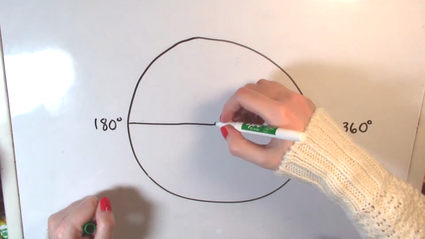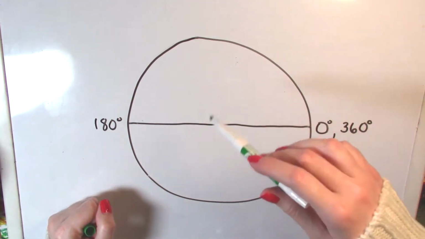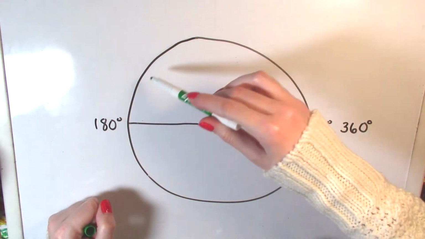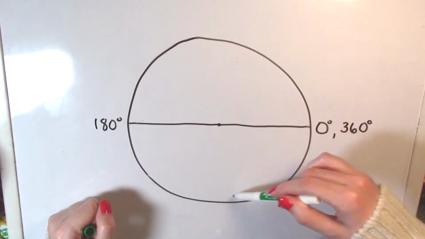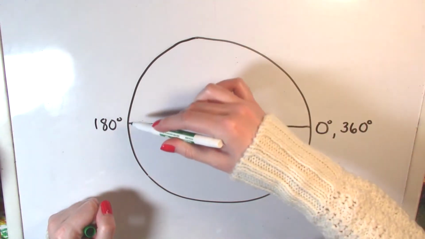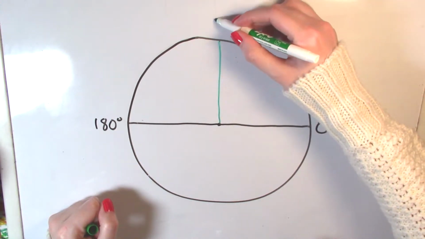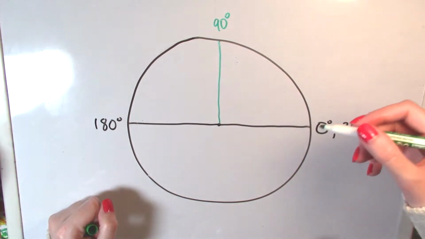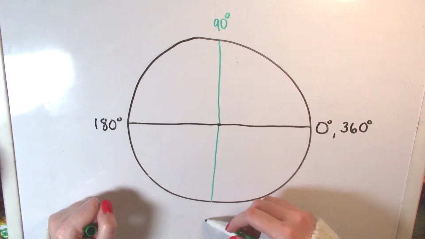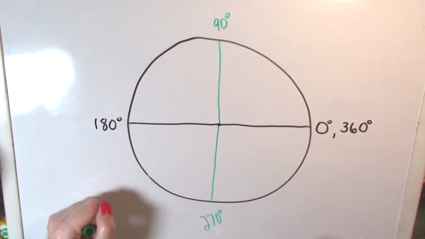So, to start, if you knew 360, you figured out the half of a circle. So I've divided it into two halves. Think of it as a distance. To travel this distance is 180 degrees, because to travel all the way around is 360. So if traveling this distance is 180, we also know that traveling this distance is 90. You're like, well, yeah, I knew that one already, too. That one's pretty easy.